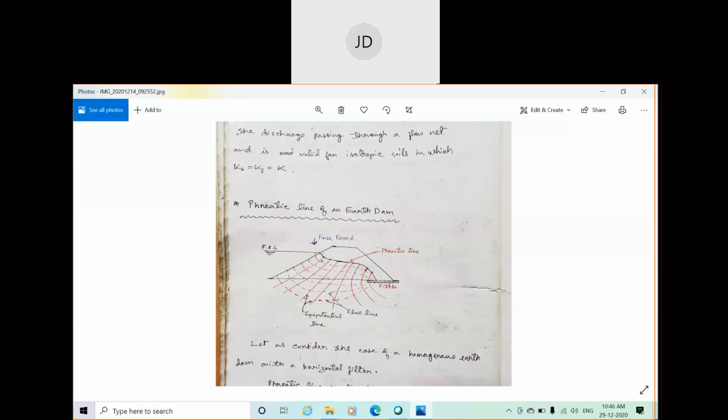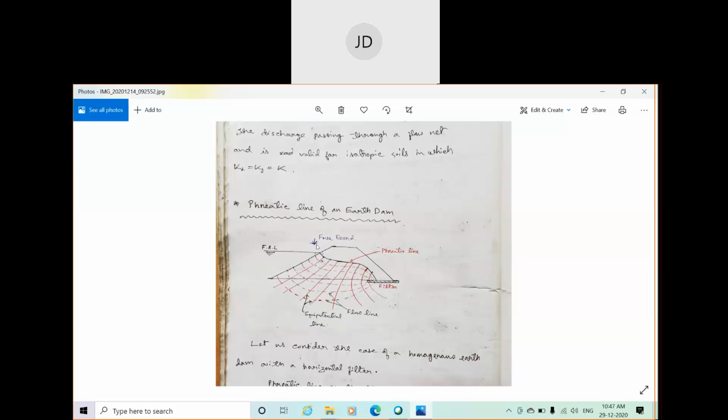You can also search on Google, and even in your hydraulics you will get this information about filters. So the filter is constructed near the downstream face of the dam to safeguard the downstream face from failure, by diverting the flow lines away from the downstream face and attracting the flow lines to pass through it.